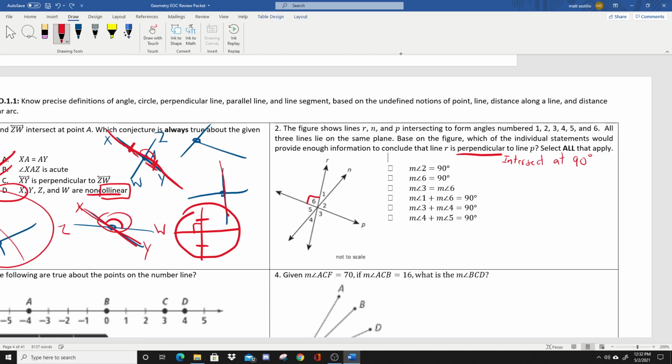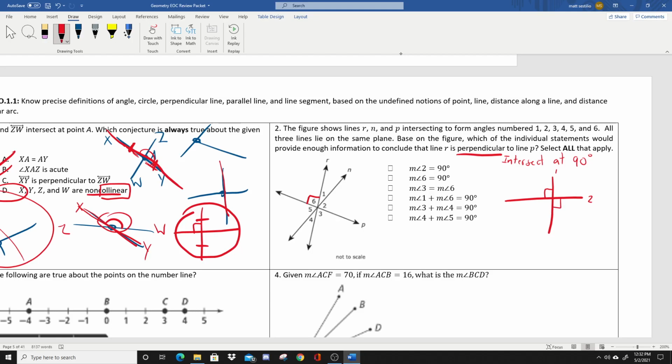Well, maybe I should go back here. If we have 2 lines that are perpendicular, like line 1 and line 2, if this is 90 degrees, that is enough information to say that all 4 angles are 90. If one angle is 90 degrees, they all have to be. Think of vertical angles, the angles across from each other. This would have to be 90.